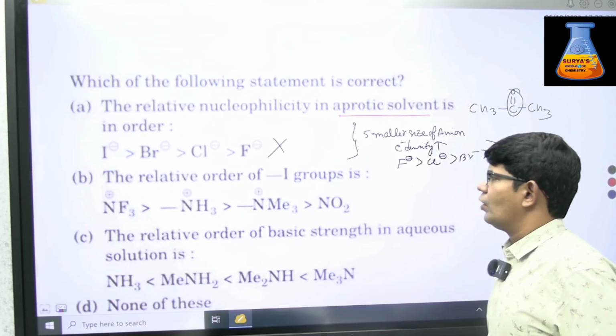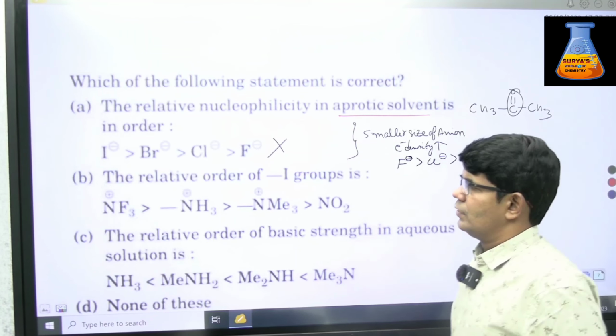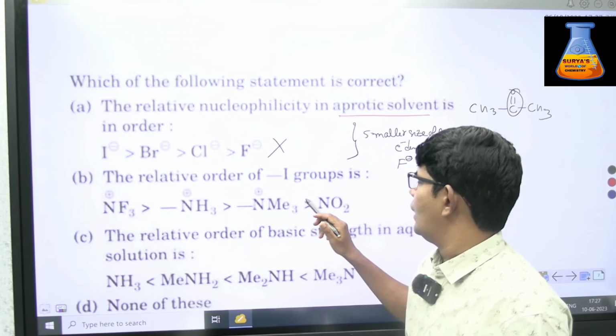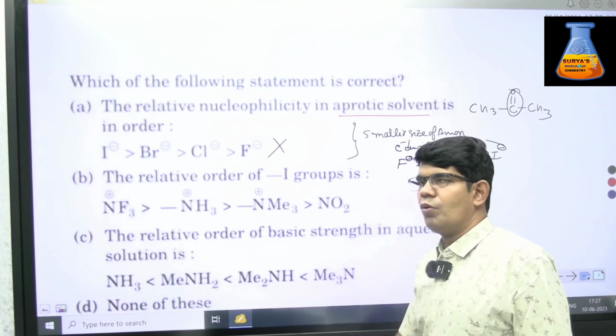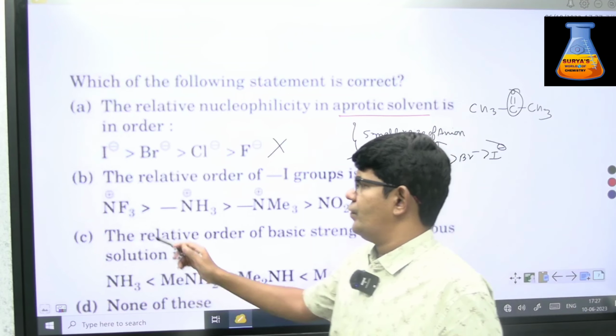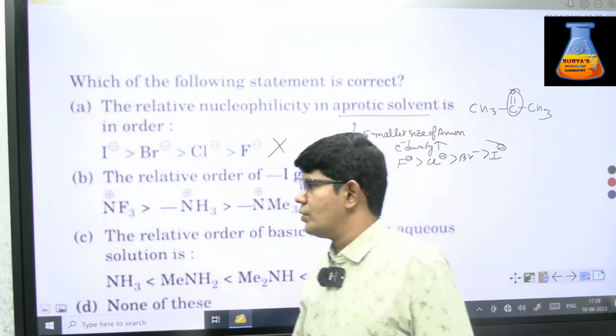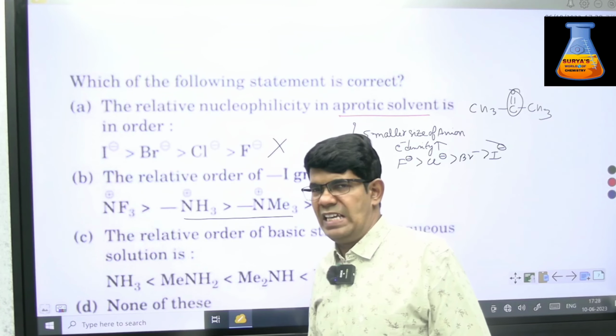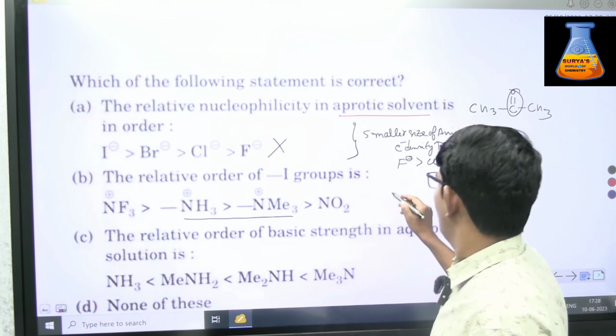The relative order of minus I groups is NF3 plus greater than NH3 plus greater than NR3 plus greater than NO2. Is this relation correct? NF3 plus, nitrogen having a positive charge with halogen, NH3 plus greater than NMe3 plus. Is it? Let's see.